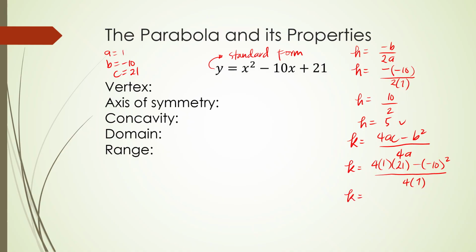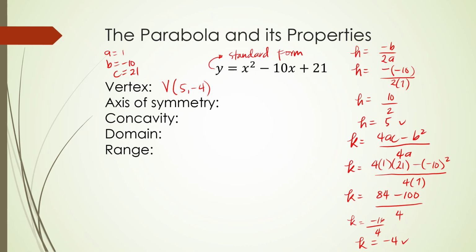And k here is 4 times 21, which is 84, minus 100. Why 100? Because negative 10 squared is negative 10 times negative 10, over 4. Then k here is negative 16 divided by 4, or k here is negative 4. So the coordinates of the vertex now will be 5 comma negative 4.